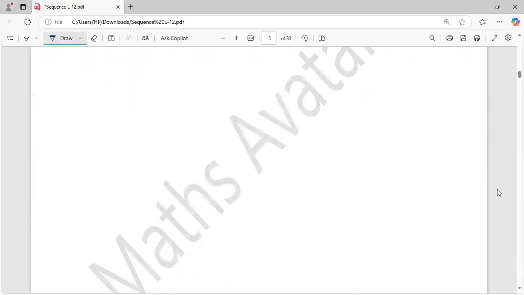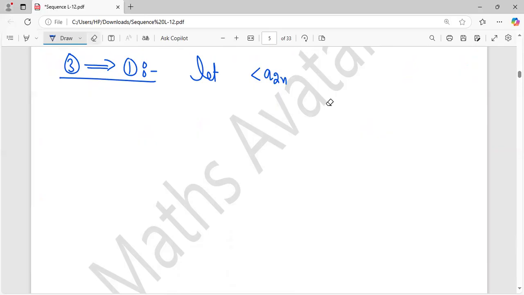So 3 implies 1. Let a 2n converge to L and a 2n minus 1 converge to L. Let epsilon be greater than 0.